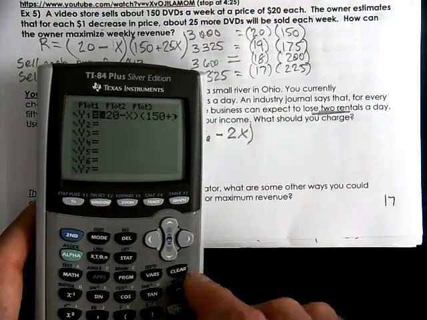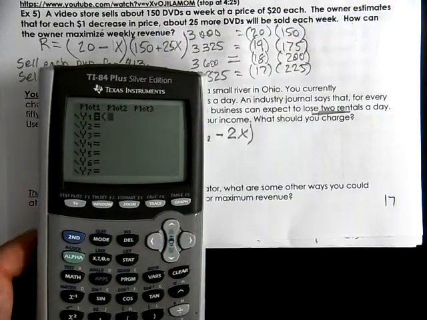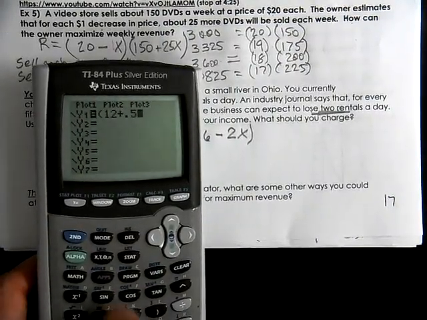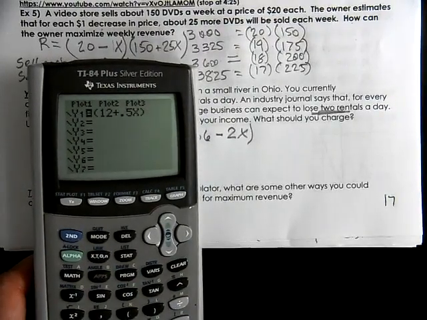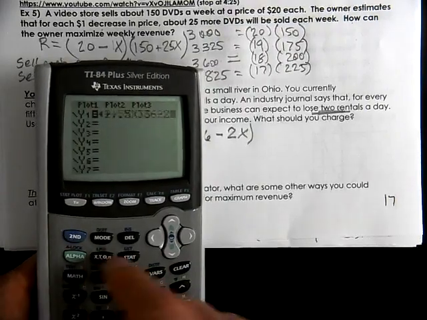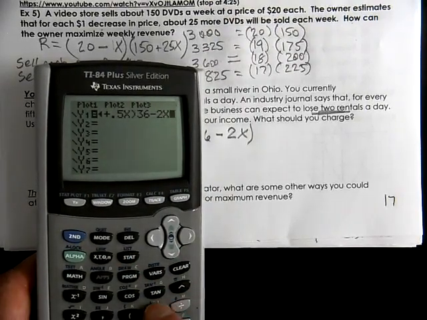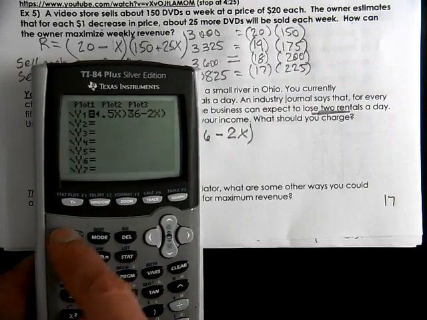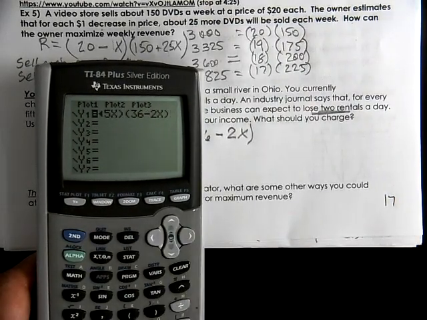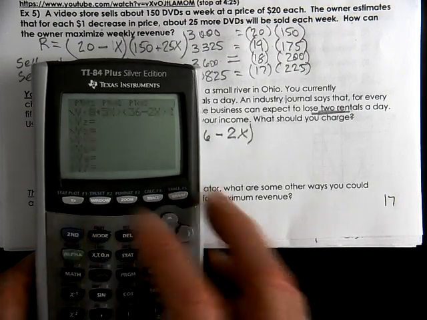So we'll go to y equals, we'll type in our 12 plus 0.5x, and our 36 minus 2x. And we can go to table.